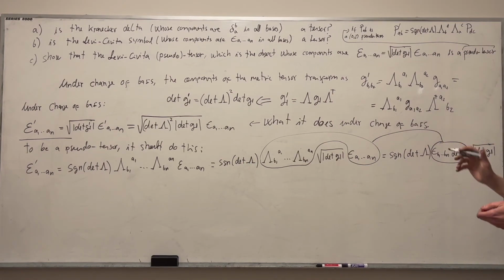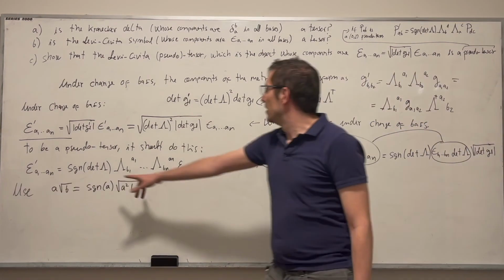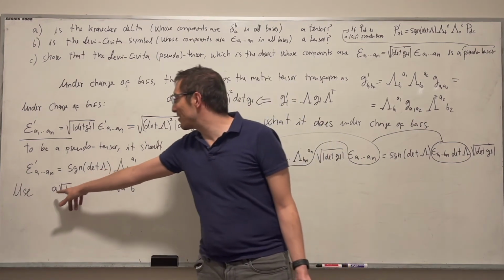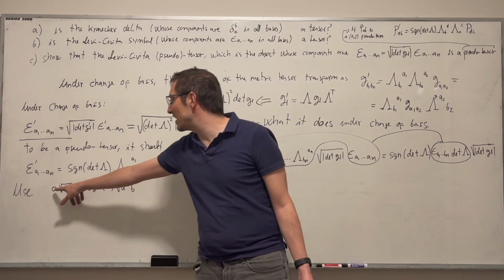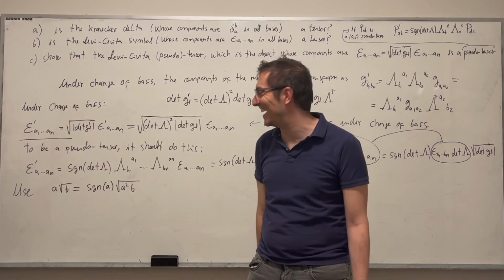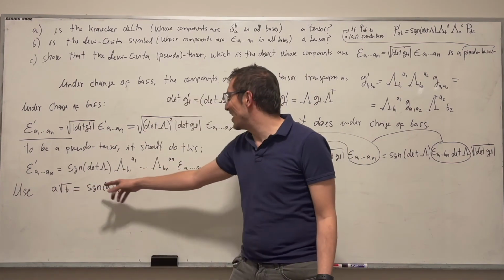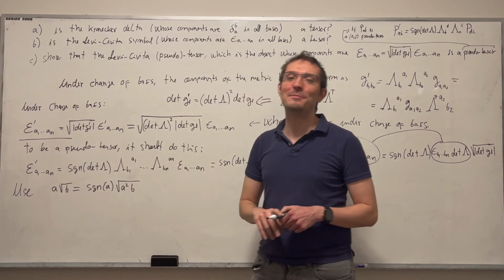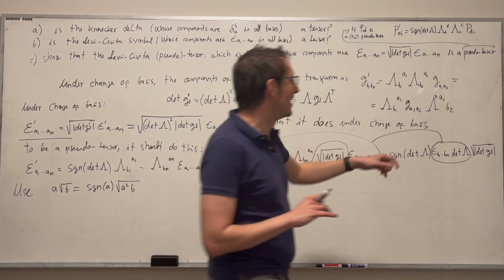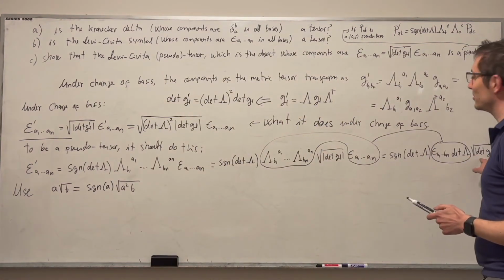Now we're going to use the following: for a being a real number, I can put it inside the square root, put it in the square, but of course, if it's negative, the negative stays out. So this identity is how you put things into square roots: the sign of a times the square root of a squared b. Now we can apply it here and have this determinant enter the square root.